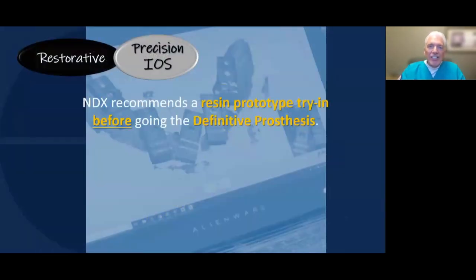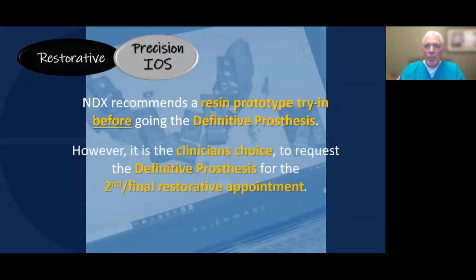Lastly, NDX, we do strongly recommend that from provisional, you not go right to the final, that you do a resin prototype try-in before going to your definitive prosthesis or your final restoration. However, doctors, you're in charge here. It's your choice.